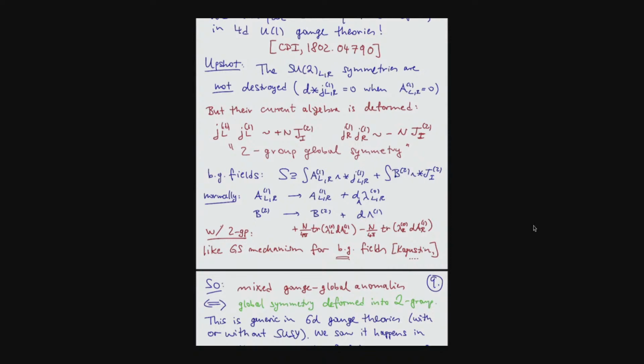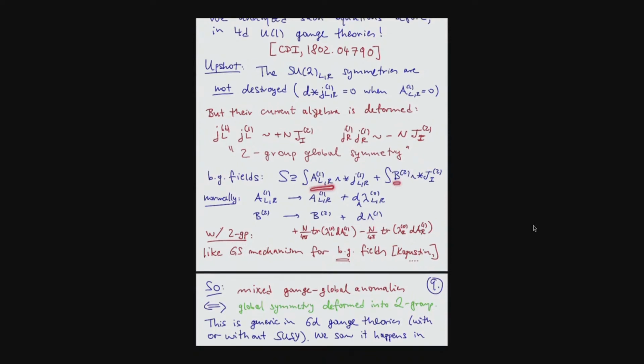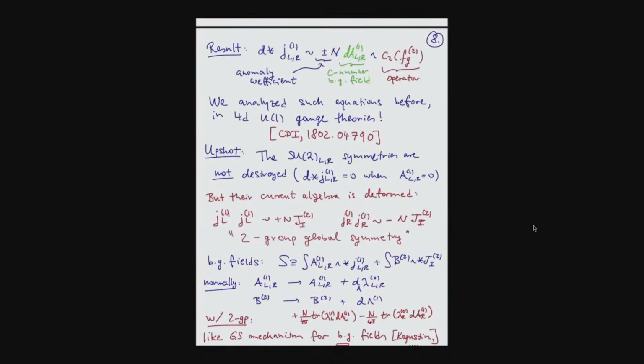Now, if you plug in these gauge transformations here and you integrate by parts to check whether or not the action is invariant under these gauge transformations, you have to use the current conservation equation. That's what we said before. Current conservation amounts to background gauge invariance. But here, the current conservation equation for the left and right R currents is modified in the presence of background fields. It has this non-trivial right-hand side.